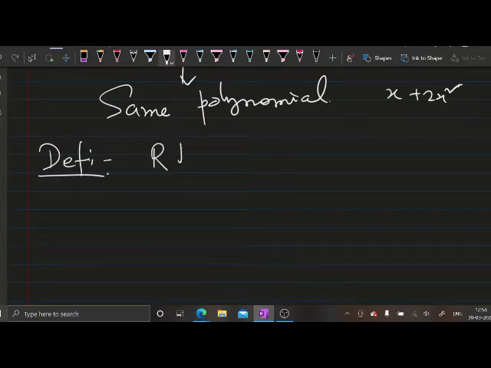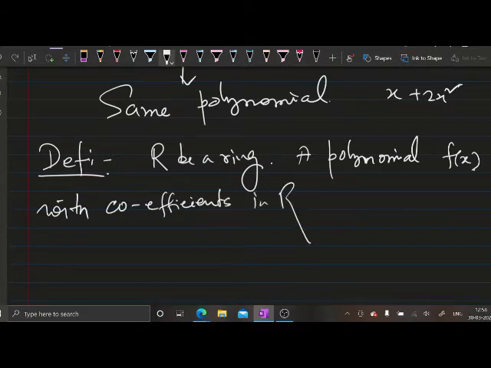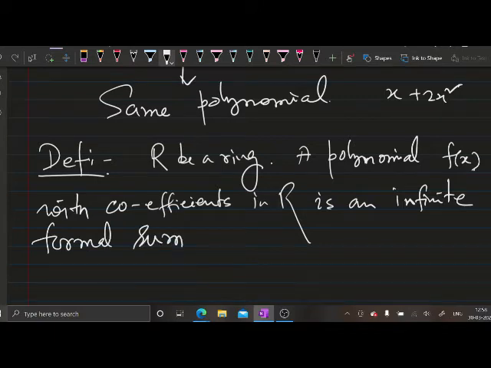Suppose you take a ring R, and a polynomial f(x), which we denote by R[x], with coefficients from the ring R, is an infinite formal sum.